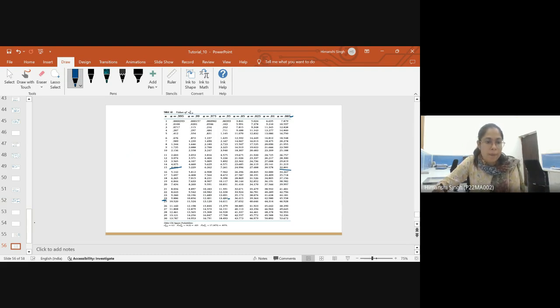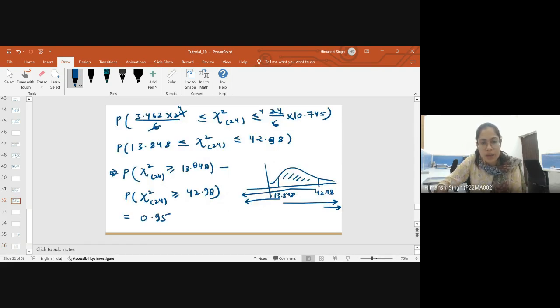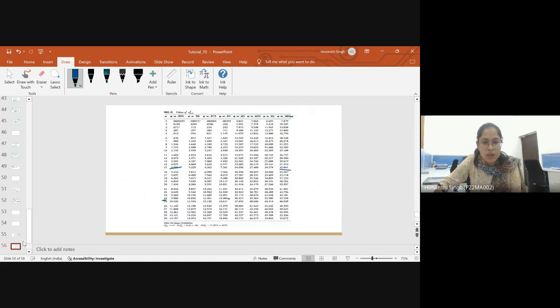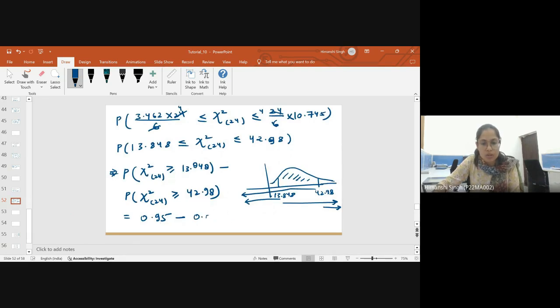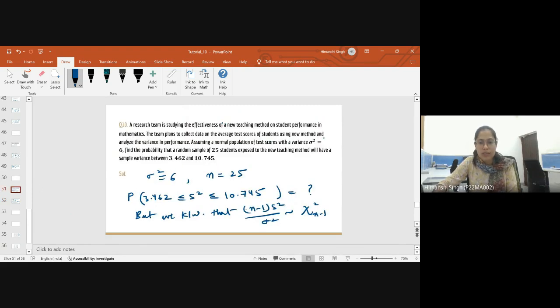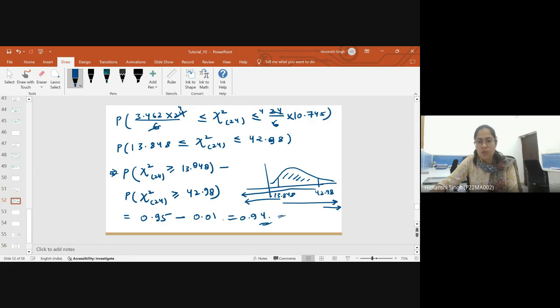Minus, for 42.98 with 24 degrees of freedom, the area is 0.01. So it will be 0.94. Basically the probability that s square is between these two values is 0.94.